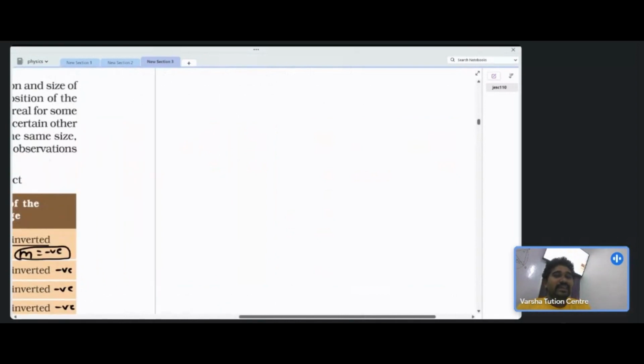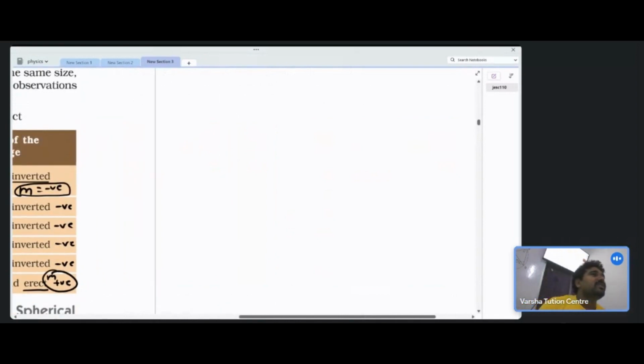Based upon the sign of m and sign of v, we are going to write the other nature. For example, if m is positive, you said it is erect, right? Yes or no? At the same time, is it going to be virtual or real? Virtual. Means v is positive or negative?